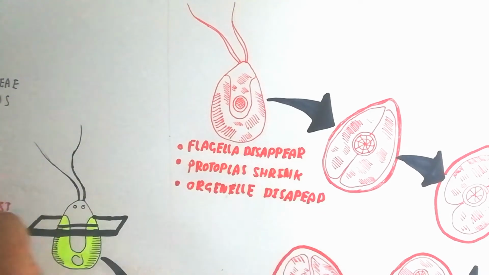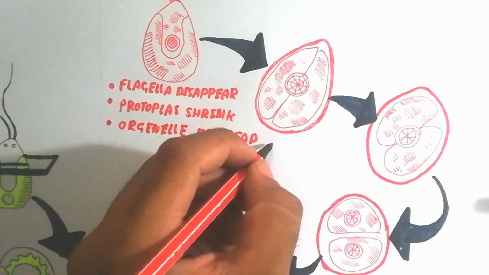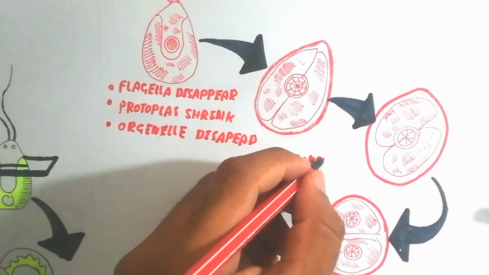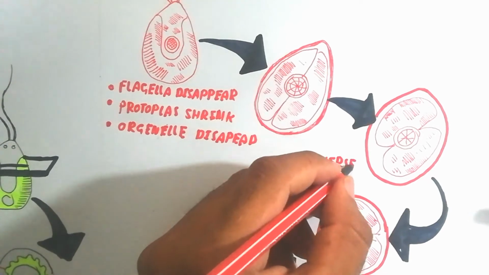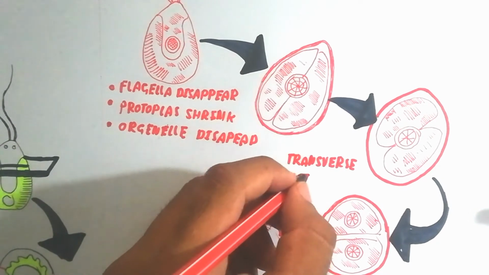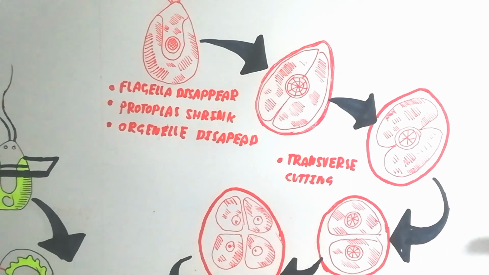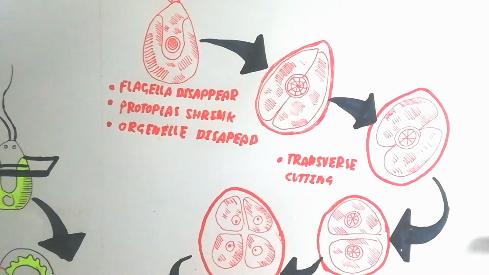The cytoplasm decreases, the plasma membrane decreases, and the flagella disappear. Here I can mention those things. So here the flagella is disappearing, the protoplasm shrinks, and the organelles disappear.